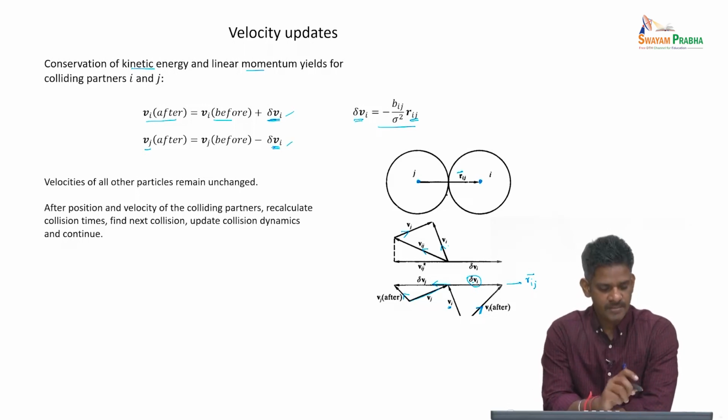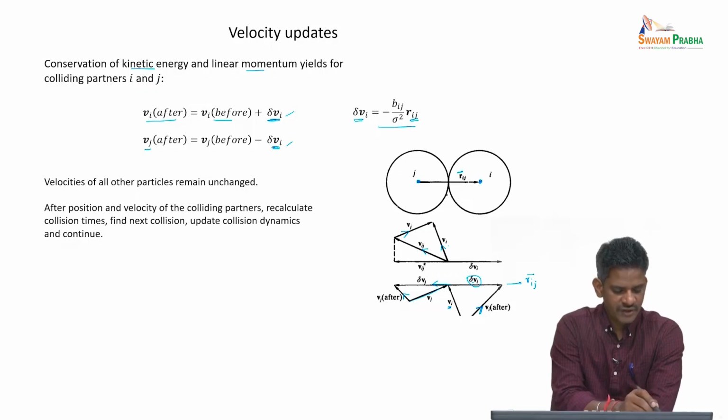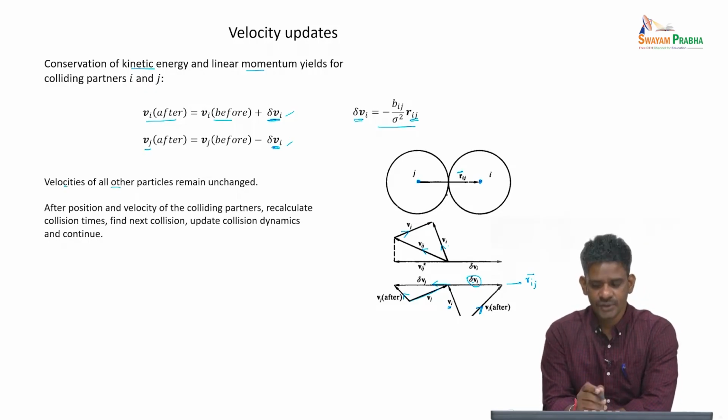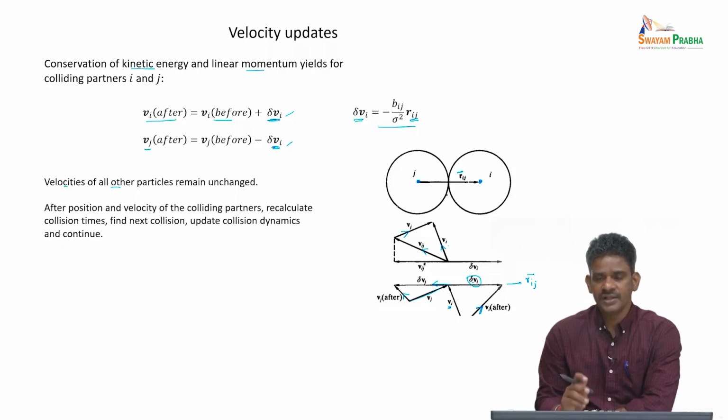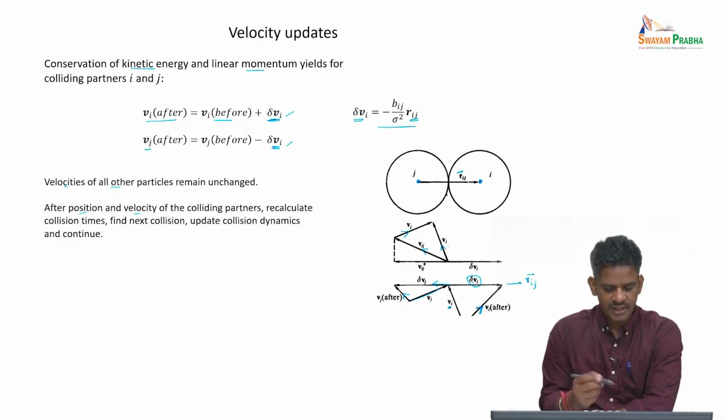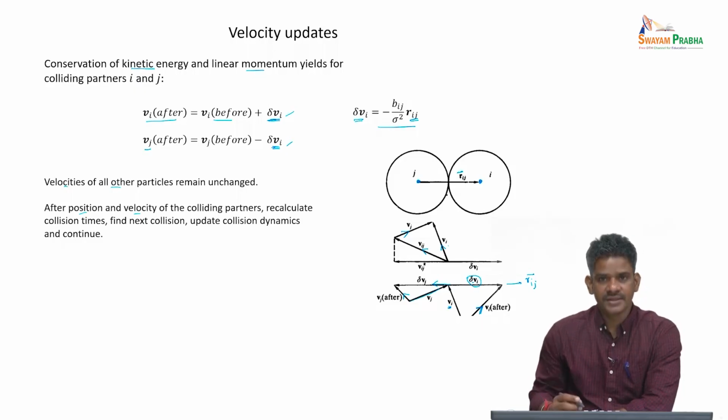When we do this, we ensure the velocities of all the other particles, other than the colliding particles, remain unchanged because they do not participate in this collision. Only the colliding partners change their velocities so as to conserve kinetic energy and momentum. After the positions and velocities of the colliding partners are updated, we go back to the first step, where we again sum over all the pairs and find the collision times and collision partners.